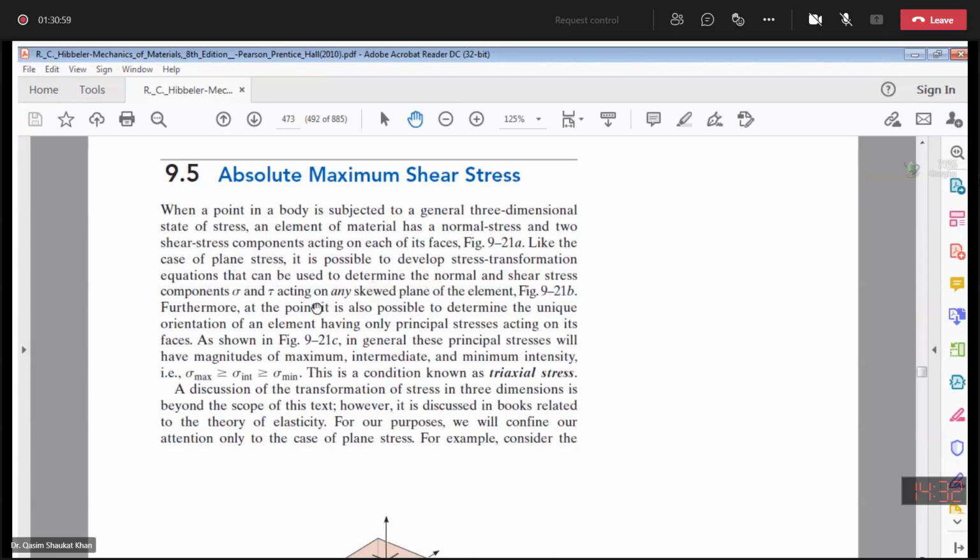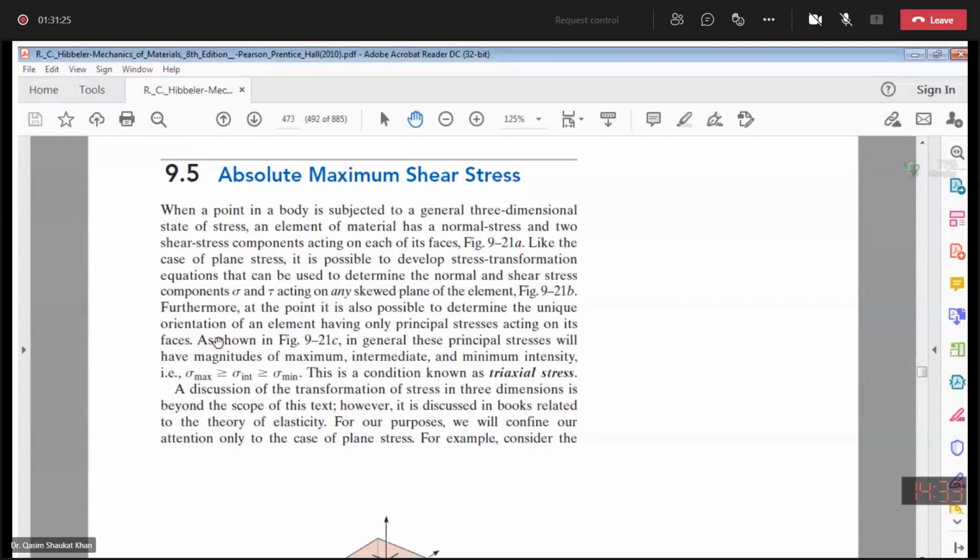Then further, at the point, it is also possible to determine the unique orientation of the element. The unique orientation of the element is basically the orientation of the principal planes over which you will have principal stresses. So at the point, it is possible to determine the unique orientation of an element having only principal stresses acting on its faces.